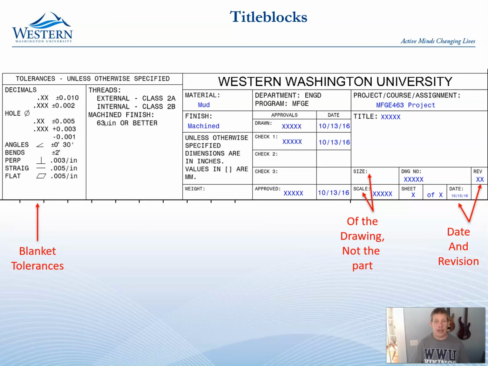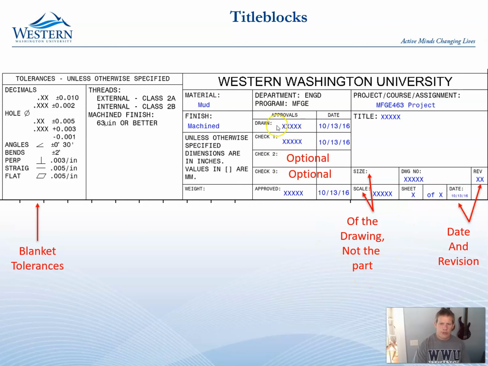And it will actually help you, because you're going to start out with revision A, and then your friend is going to look at it and give you a whole lot of changes, and it would be a good idea to update it to revision B or revision 2 after that. So if you happen to have one printed or you're making a PDF, you know that it is the right one. So you must have the date and the revision. So this is the date that that revision happened.